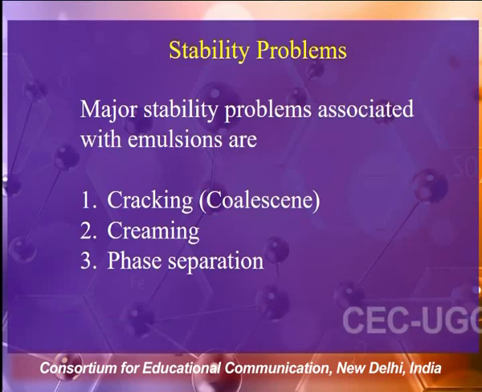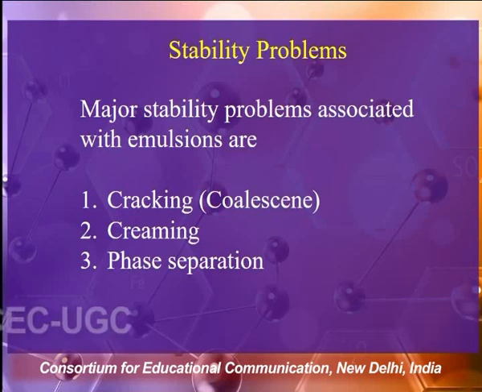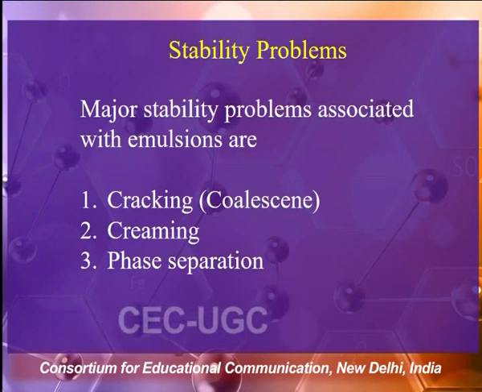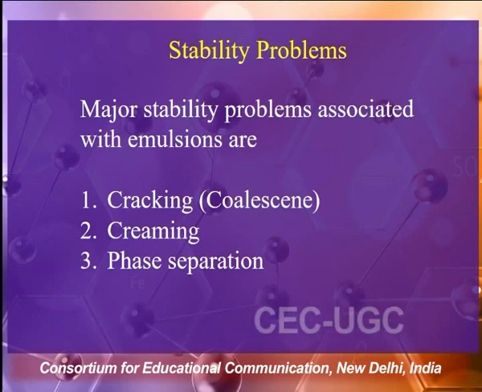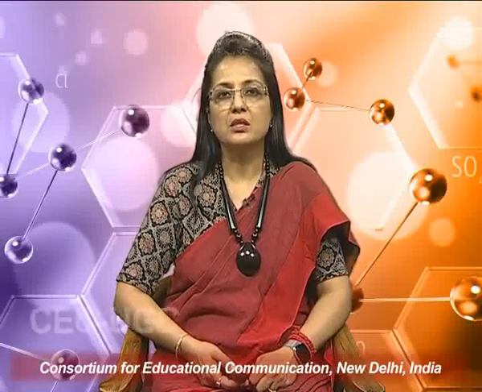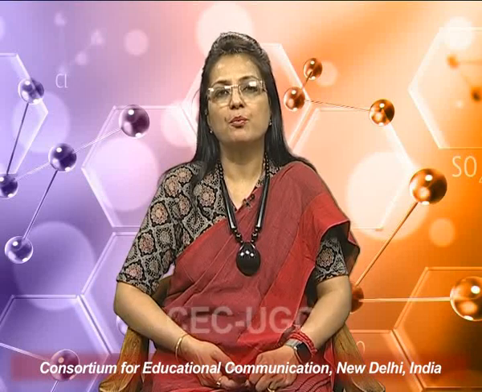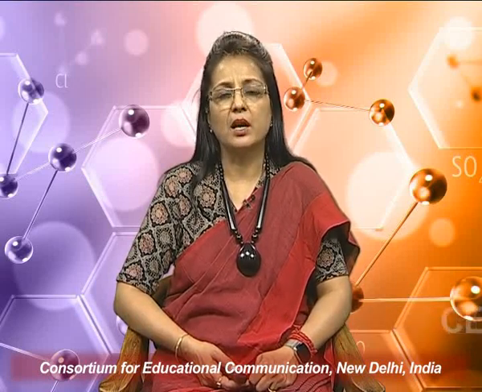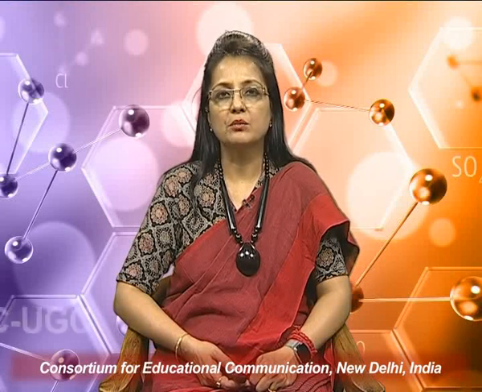Whenever we see this, we say that there is an instability problem in the formulation. And finally, the third stability issue which we generally face after formulating an emulsion is phase inversion. So, we have to understand each type of problem with respect to stability, why it occurs and how we can overcome it, or what strategy we should adapt to avoid these problems.